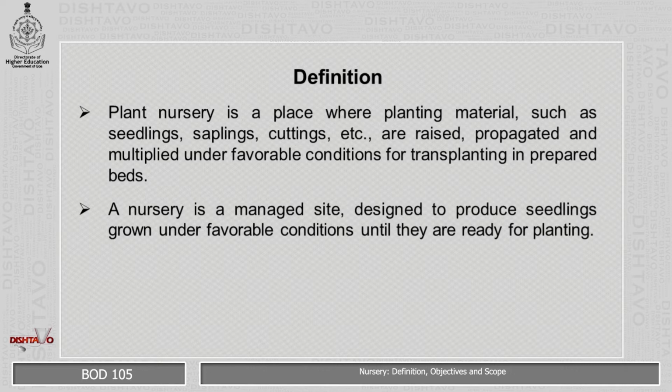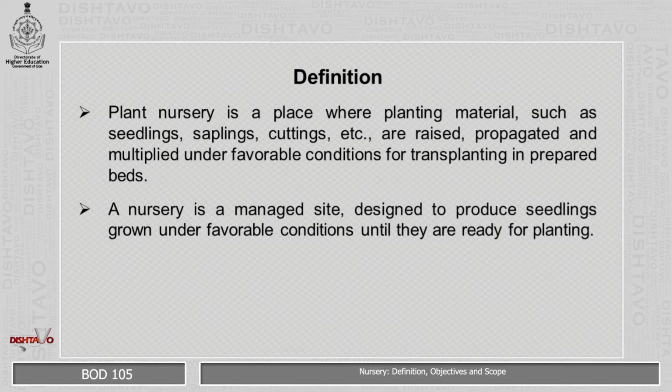There are various ways in which planting material can be prepared, such as raising seedlings from seed, growing saplings from cuttings, layering, grafting, tissue culture, or various other techniques through which we can raise plantlets.